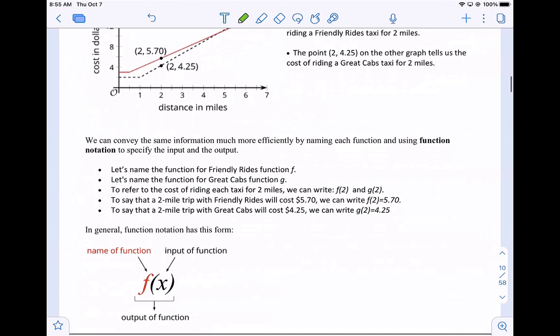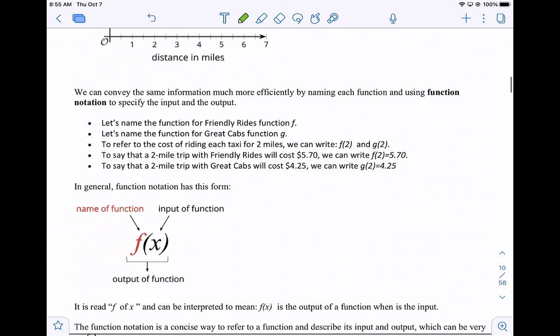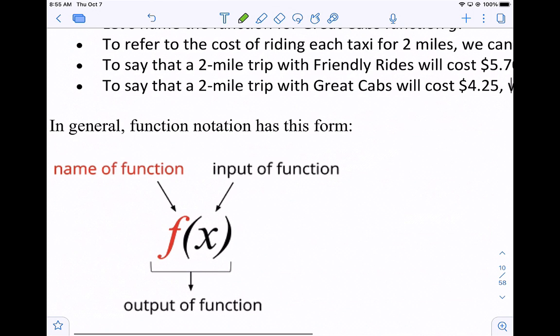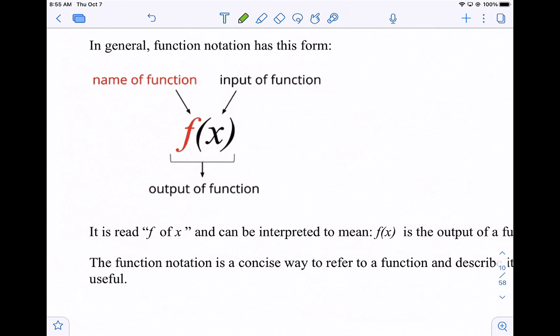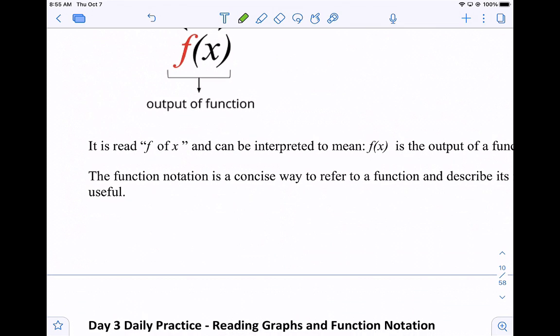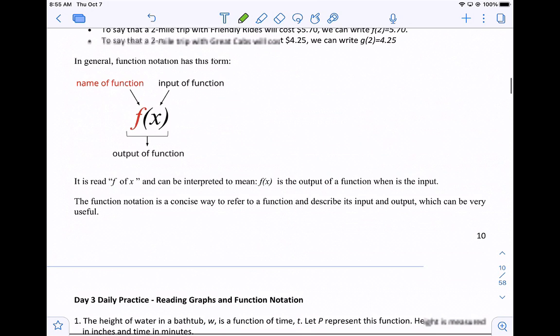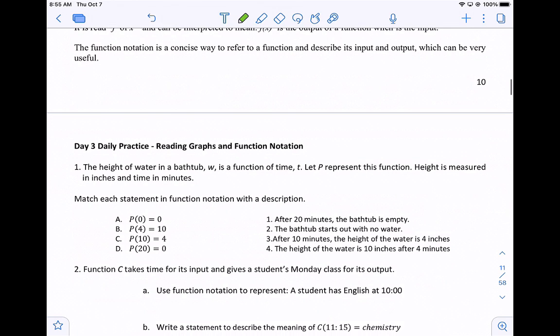And again, it's just explaining how they got the numbers. So in general, function notation looks like this: F, and then you have parentheses and an X, and we call this F of X. So it can be F of X, G of X, B of X, parentheses is of. Function notation is a concise way to refer to a function and describe its input and output, which can be pretty useful. So we're going to practice this idea of function notation.